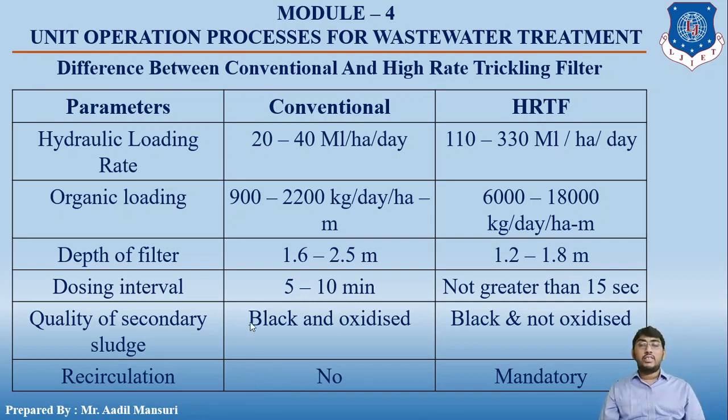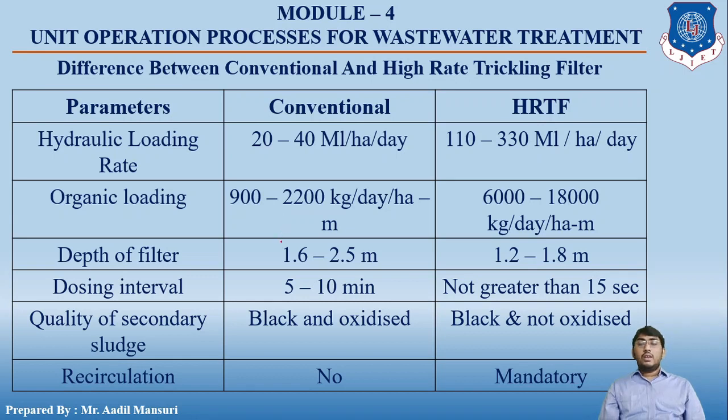Talking about organic loading, it is between 900 to 2200 kg per day per hectare meter, whereas in case of high rate trickling filter it is between 6000 to 18000 kg per day per hectare meter.